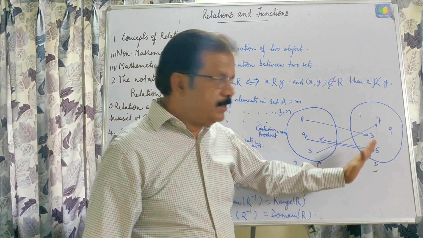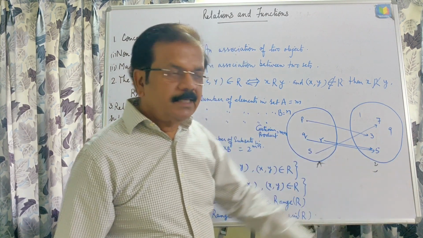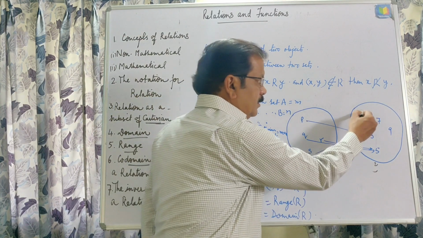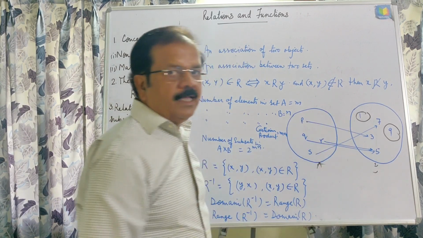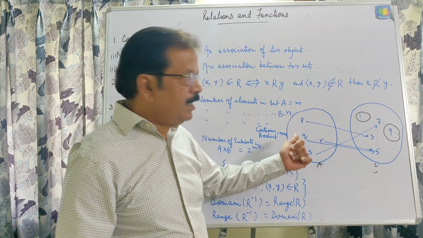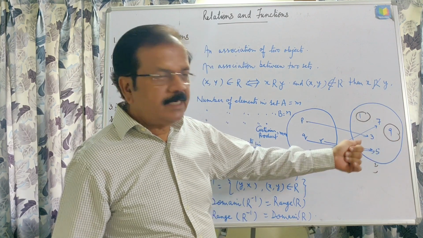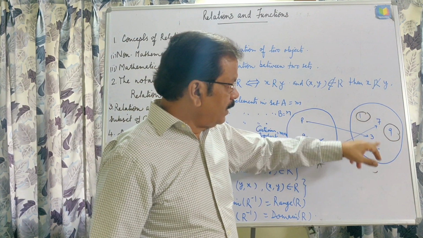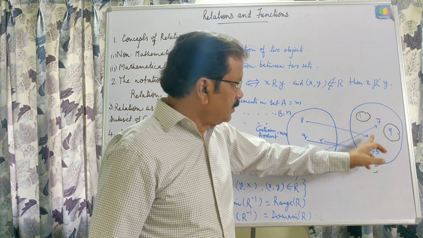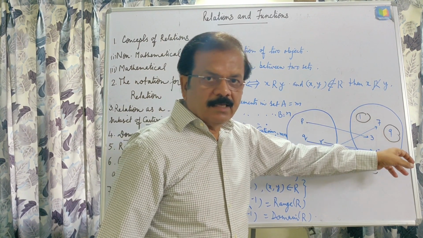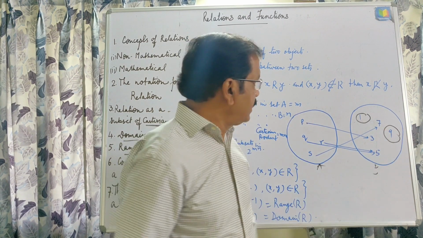But the entire set B is called the codomain. Even though 1 and 9 do not have any pre-image, they will be taken in the codomain. So in the codomain we get all the elements of B, that is 1, 3, 5, 7 and 9, but in the range we get only 3, 5 and 7.